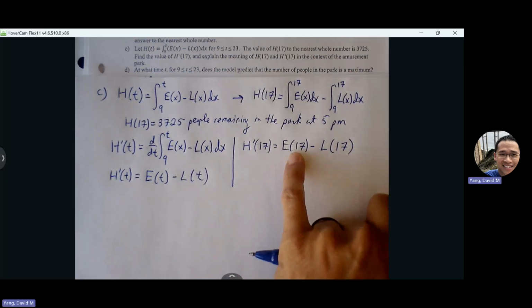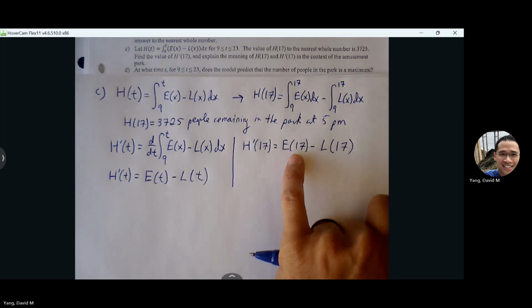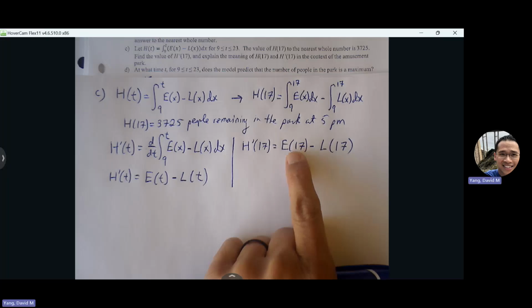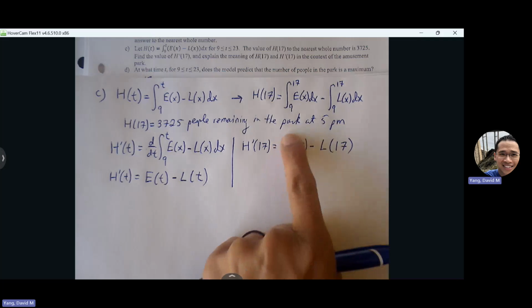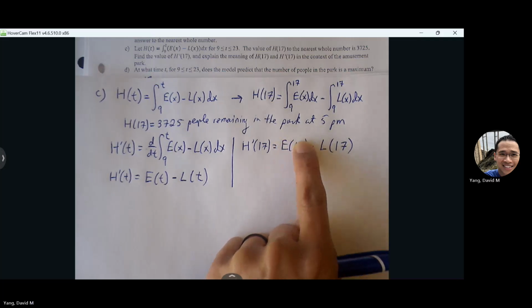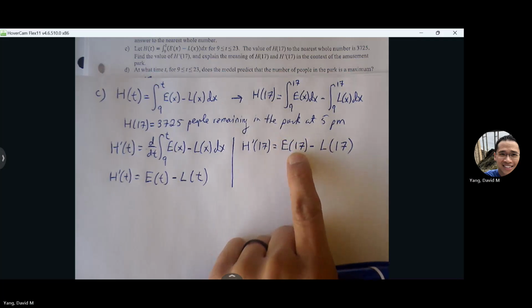What do you think E of 17 means? Well, the rate at which people are entering the park at what time? 5 p.m. What do you expect this number to be? A lower number, right? Probably not as high as early in the day. So maybe a smaller number.